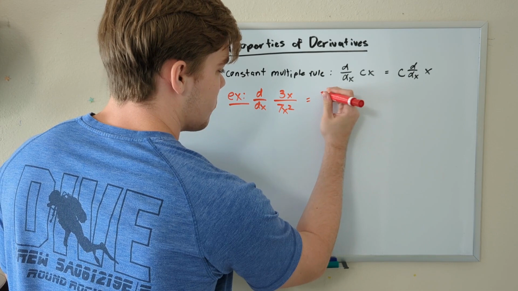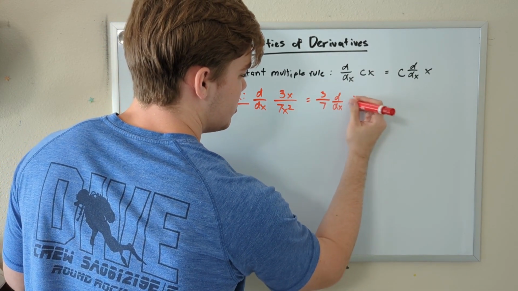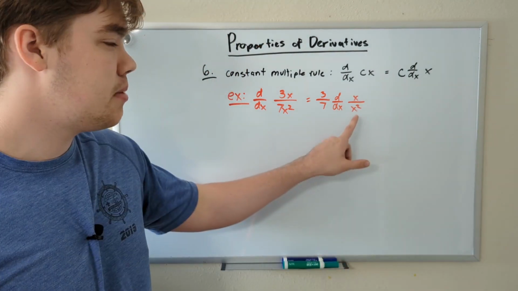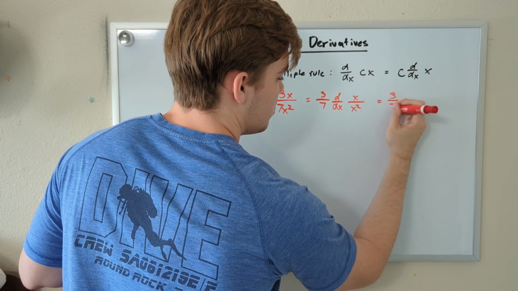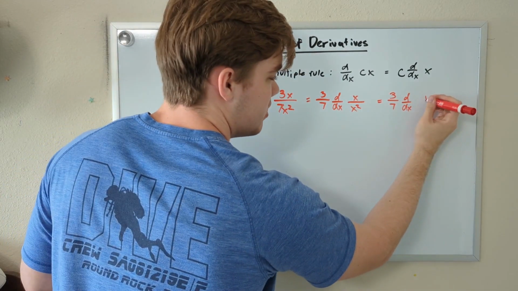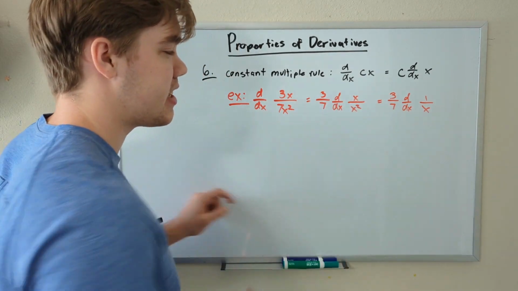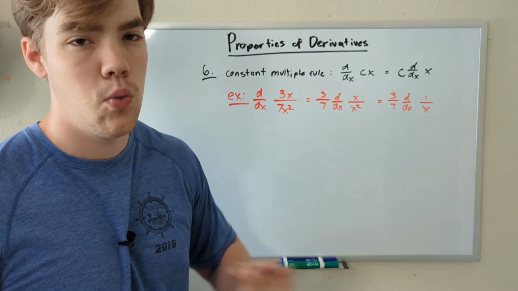This is now equal to 3/7 times the derivative of x divided by x squared. We can simplify this down a little bit to be 3/7 times the derivative of 1 divided by x. We can cancel out the x on top and get rid of 1x on bottom. So now we just have to find the derivative of 1 divided by x.